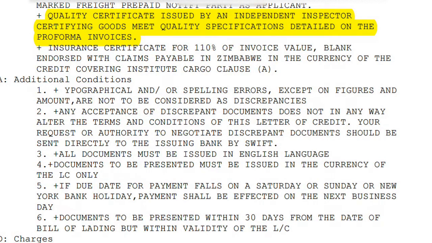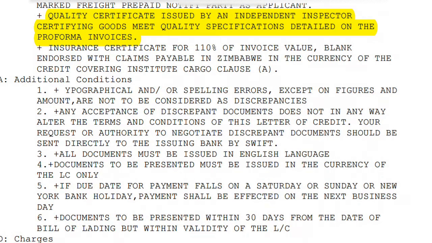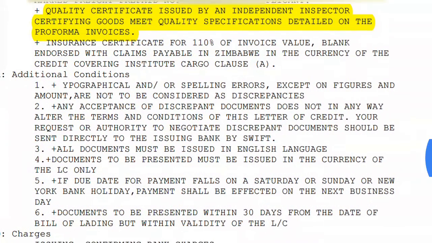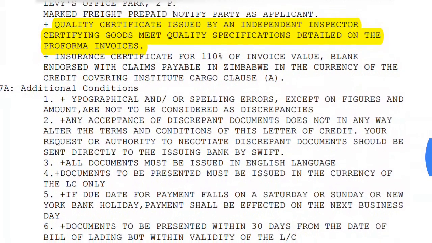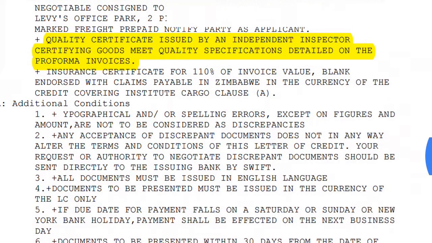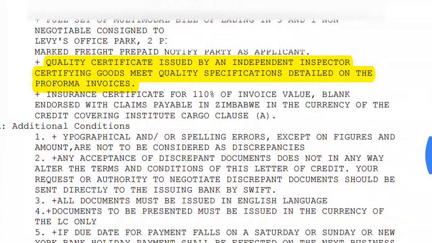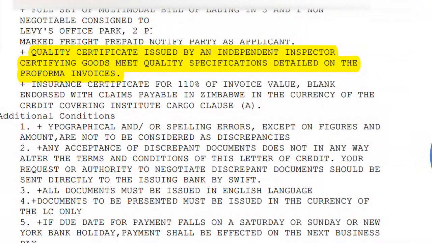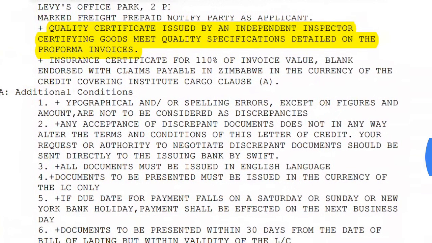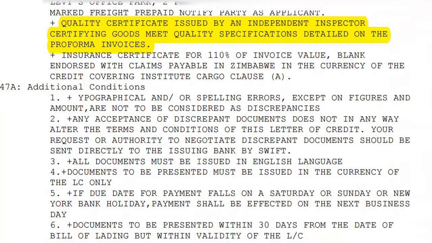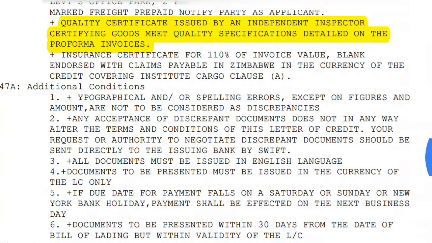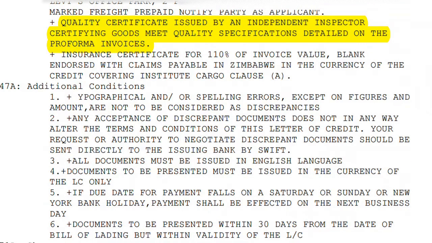The goods must meet the quality specified in the proforma invoice, so mention in the proforma invoice that the quality inspector has done the inspection. If we go next, insurance certificate for 110% of invoice value. This is also required.